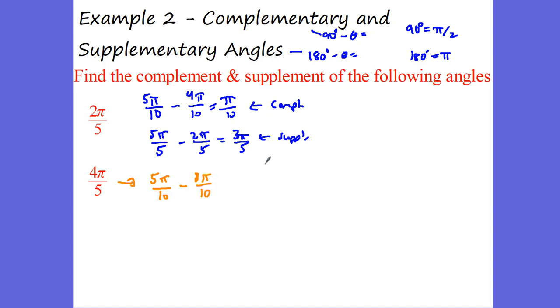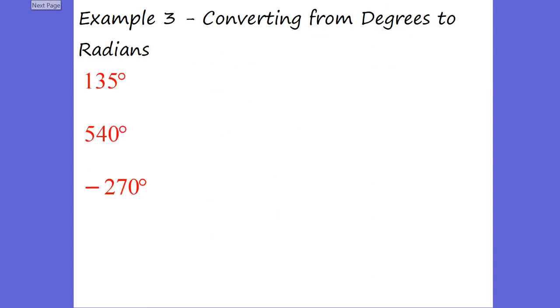Do you see how this angle is bigger than 90 degrees, which means there is no complementary angle, okay? But there is a supplementary angle. We can do 5 pi over 5 minus 4 pi over 5, and what we are left with is 1 pi over 5, and that is the supplementary angle right there. So that is how to find complementary and supplementary angles using radians.